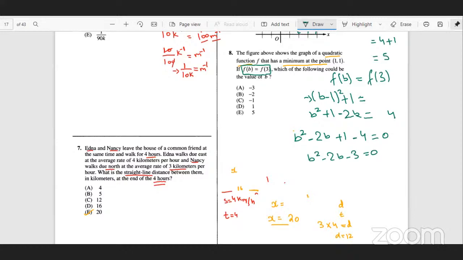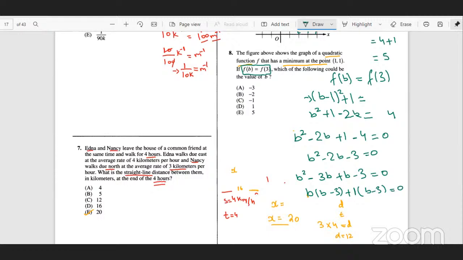Now this is a quadratic equation again, and I need to factorize it, right? So I need to think of two numbers that multiply to give minus 3 and add to give minus 2. So b squared minus 3b plus b minus 3 equals 0. I can take b common: b(b minus 3) plus 1(b minus 3) equals 0.